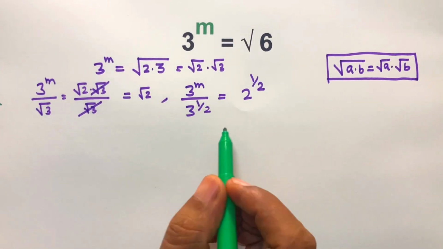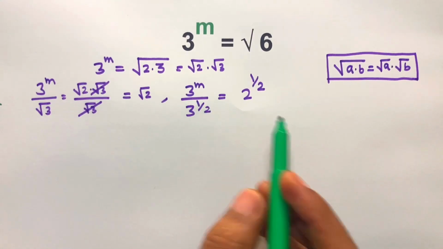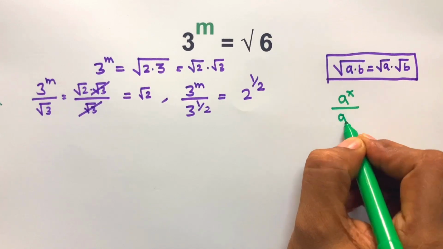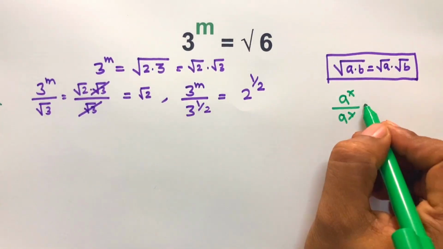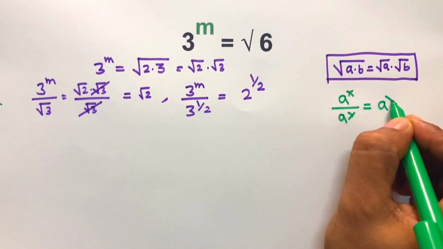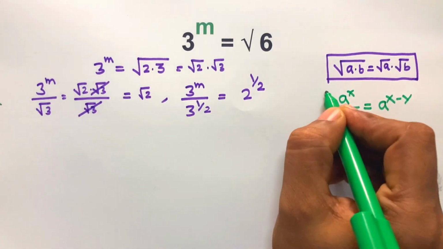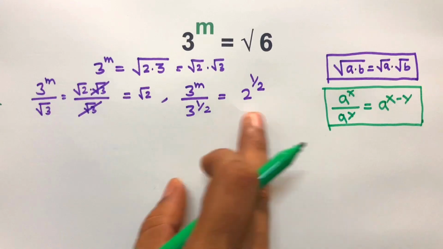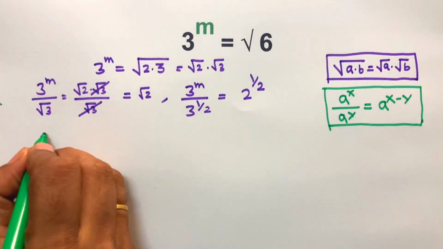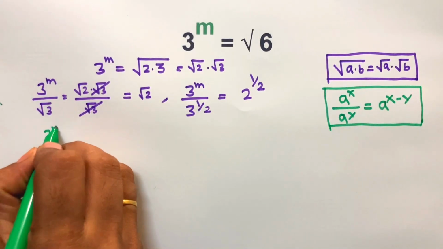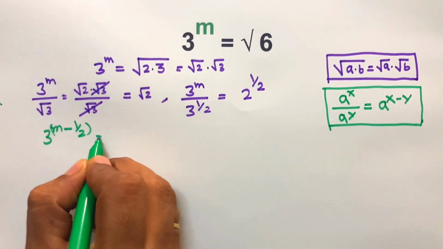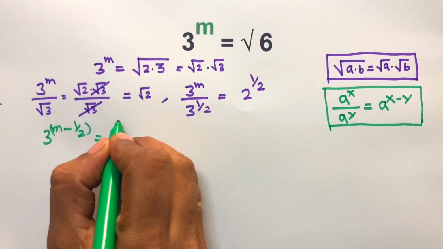Now this term is in the form of exponential expression as a to power x divided by a to power y, which also equals to a to power x minus y. So by using this, it simplifies to 3 to power m minus 1 by 2 equals to 2 to power 1 divided by 2.